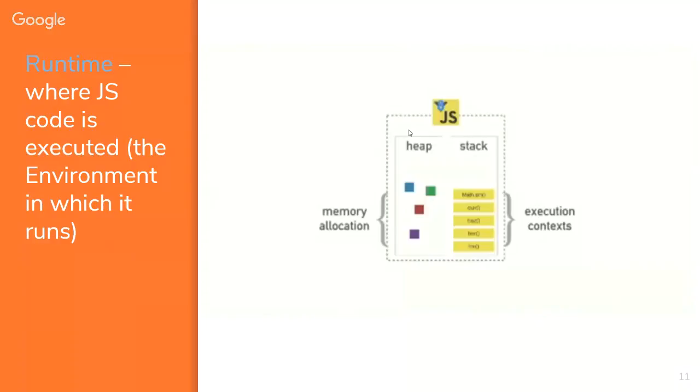Examples of runtimes are your local computer environment, servers, the browser, Node.js, all that stuff are environments that you can write JavaScript code in. And what you should know is that JavaScript behaves differently on different runtimes, and that's why we kind of get this separation between backend and front end developers.